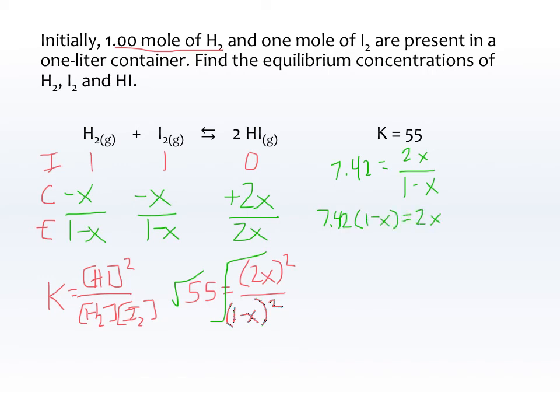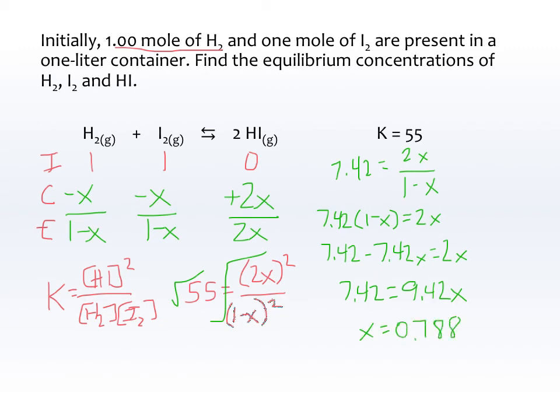Now we're going to distribute the 7.42 in. 7.42 minus 7.42x equals 2x. Add 7.42x to both sides. 7.42 equals 9.42x. Divide both sides by 9.42, and so we end up with x equals 0.788.